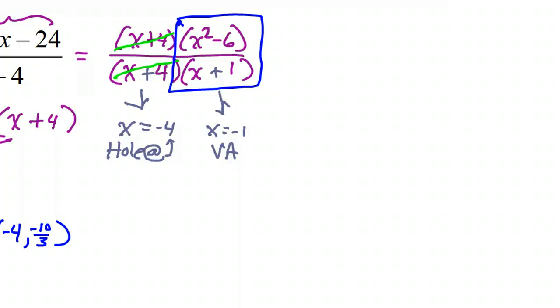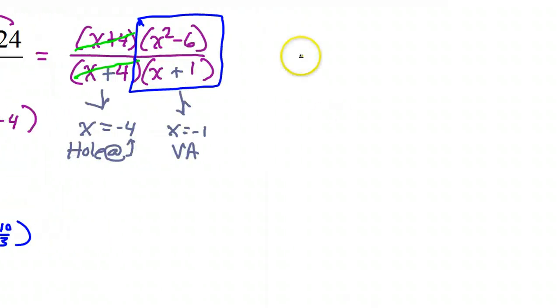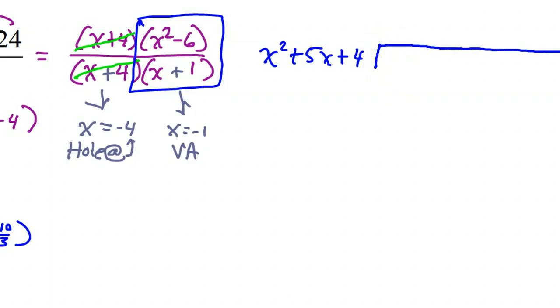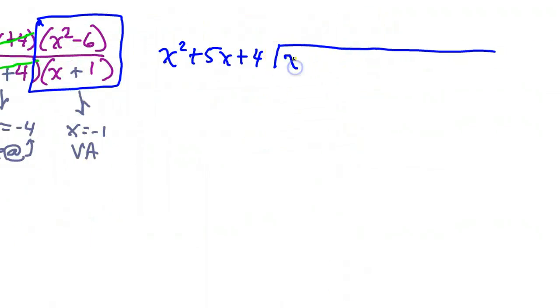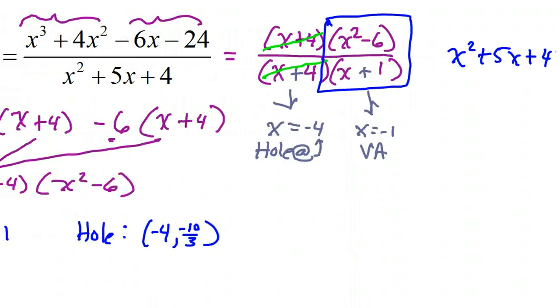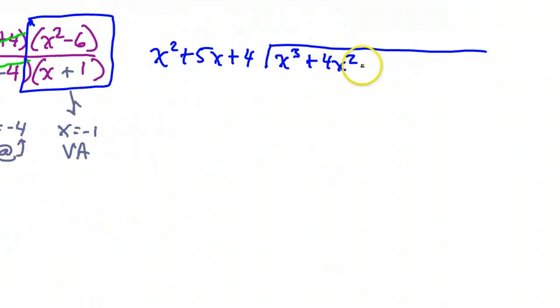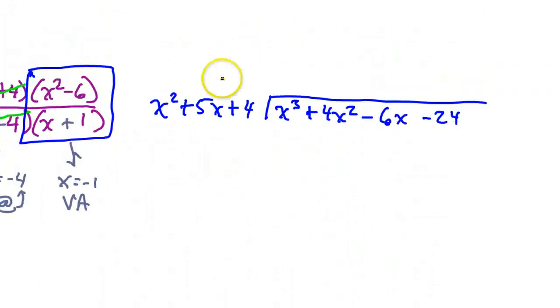I've got x squared plus 5x plus 4, and I'm dividing into x to the third power plus 4x squared minus 6x minus 24. Long division is the only way to do this.